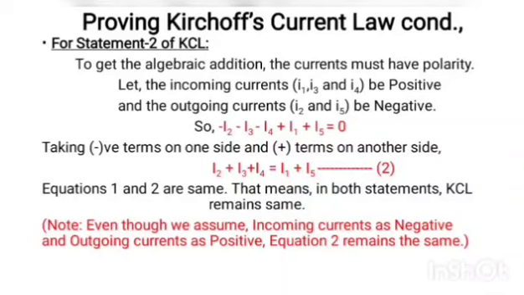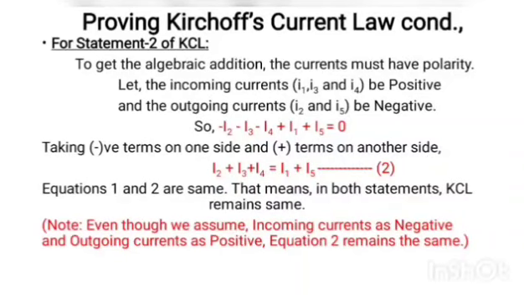For the incoming currents, those entering into the node, we assign positive, and the outgoing currents, those going away from the node, are negative. Based on that, I2, I3, I4 are outgoing currents, so we give negative. I1 and I5 are incoming currents, so we give positive. All of that is equal to 0.